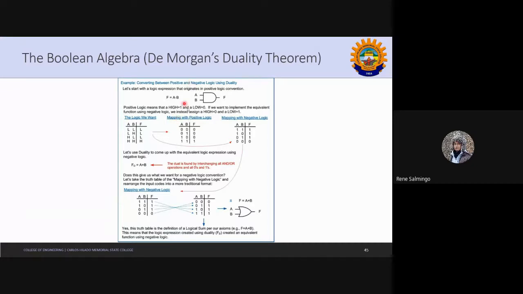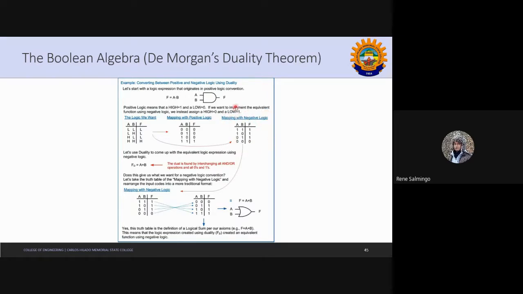So this is an AND gate. Meaning if both inputs are true, you will have an output true also. So this is your mapping with positive logic, and this is your negative logic.